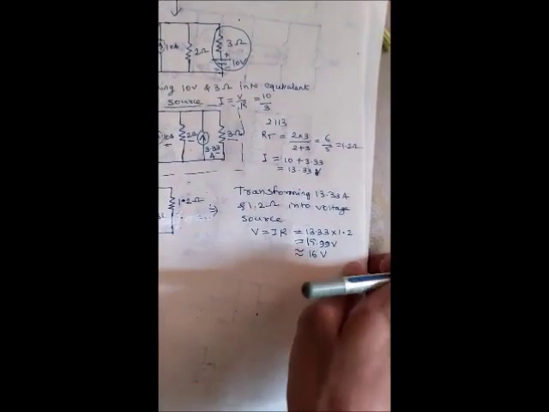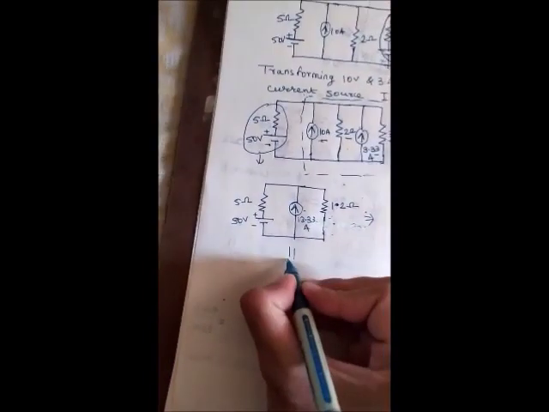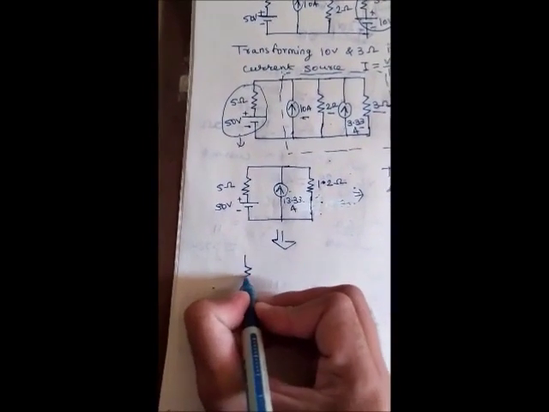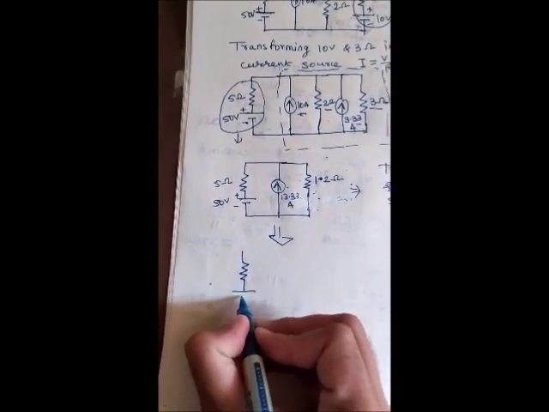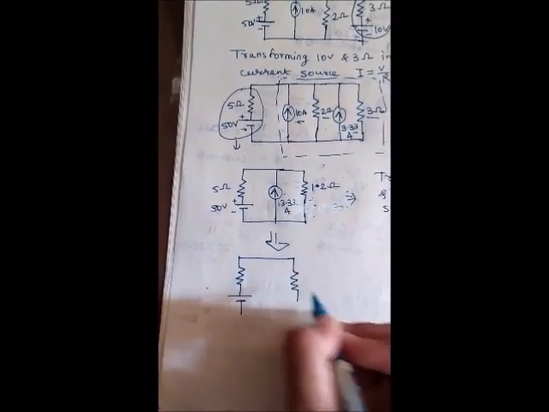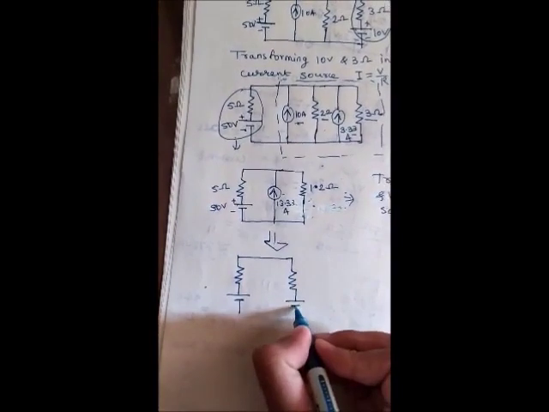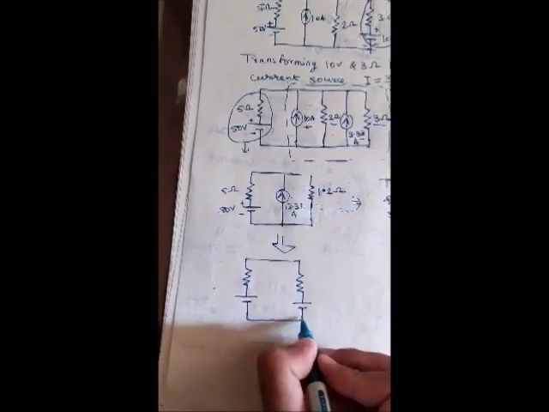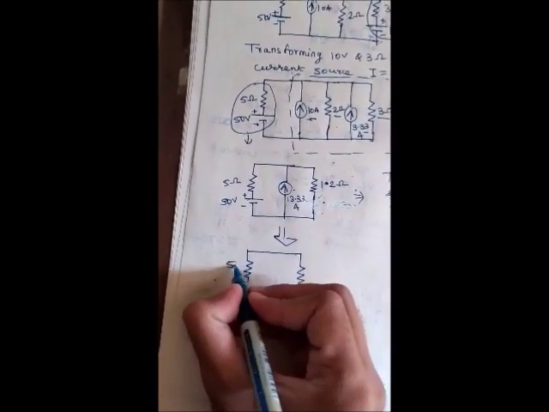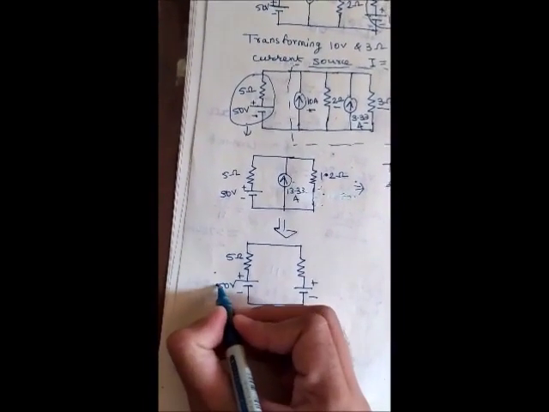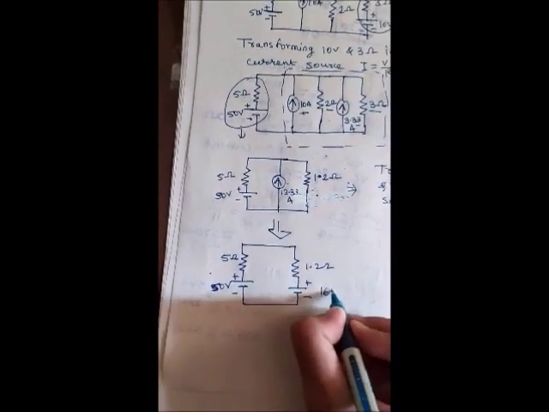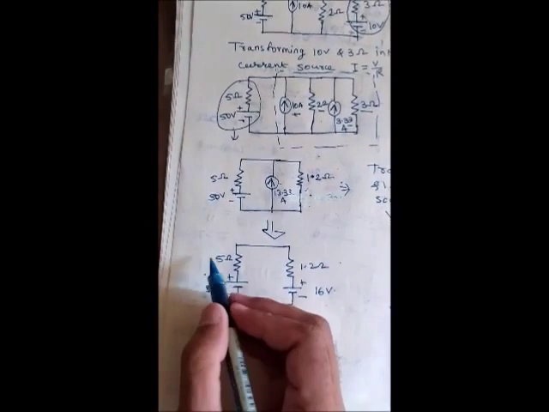Okay, hence this given circuit is transformed as: this is 16 volt, 1.2 ohm, 50 volt and 5 ohm.